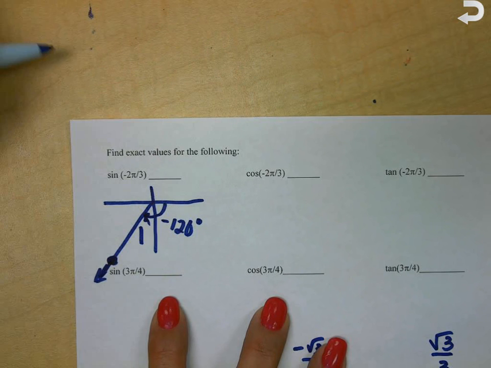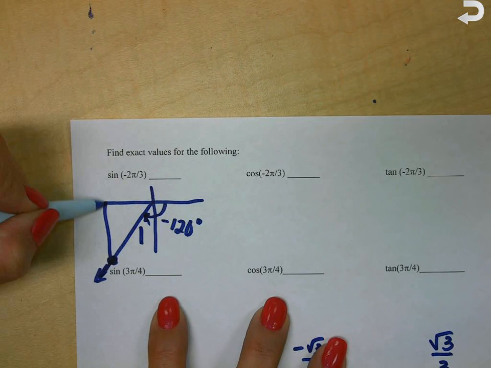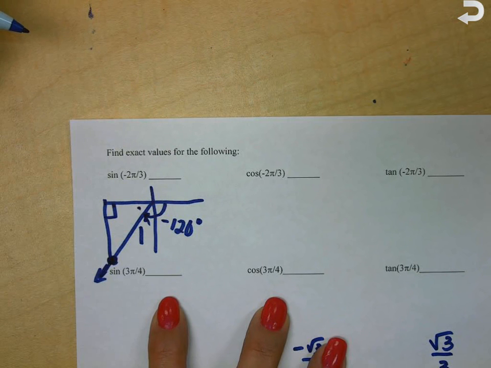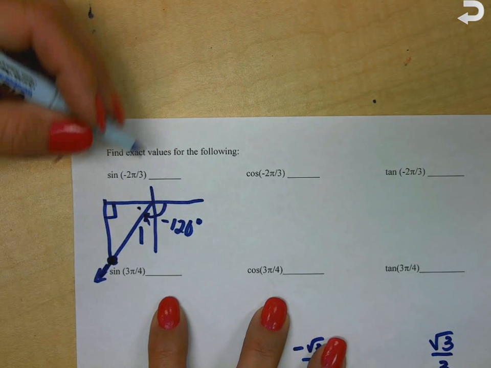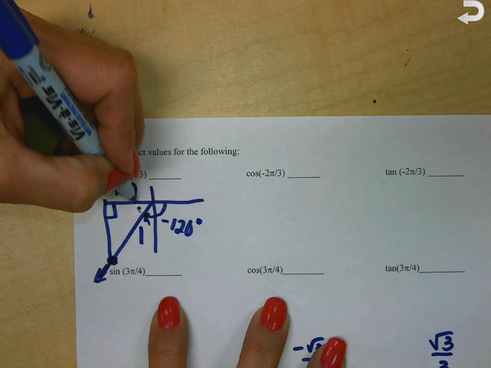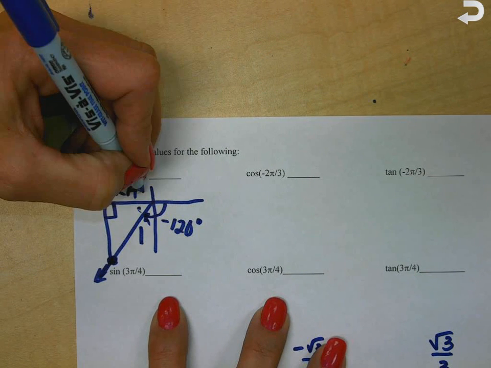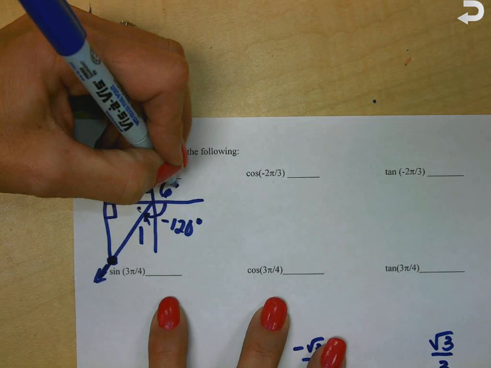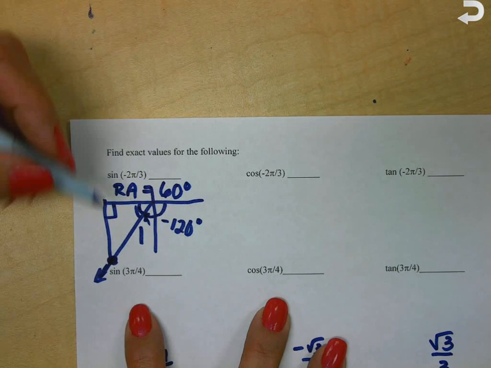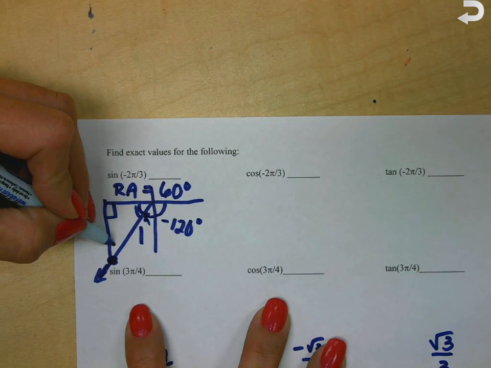Now, this side goes on forever, but I'm going to think of it going out 1 unit. There's my reference angle with my reference triangle. And so I have to think, what is that reference angle? And I can see that my reference angle here is this little acute angle that it makes with the x-axis again. And that, again, is a 60-degree angle in the third quadrant.